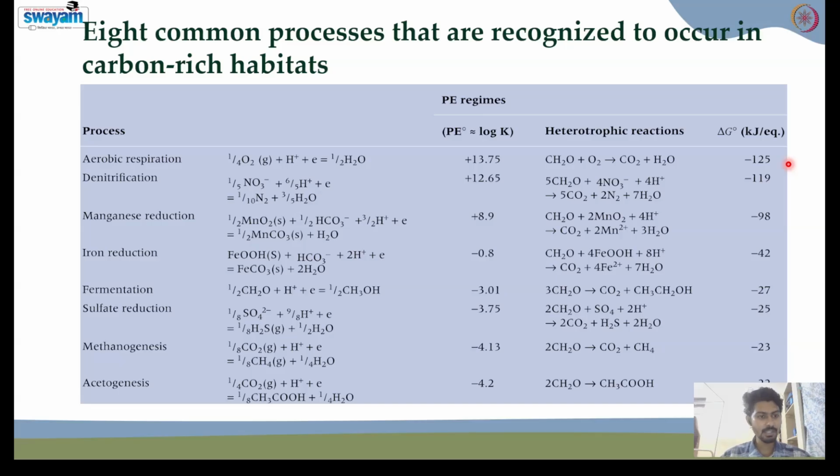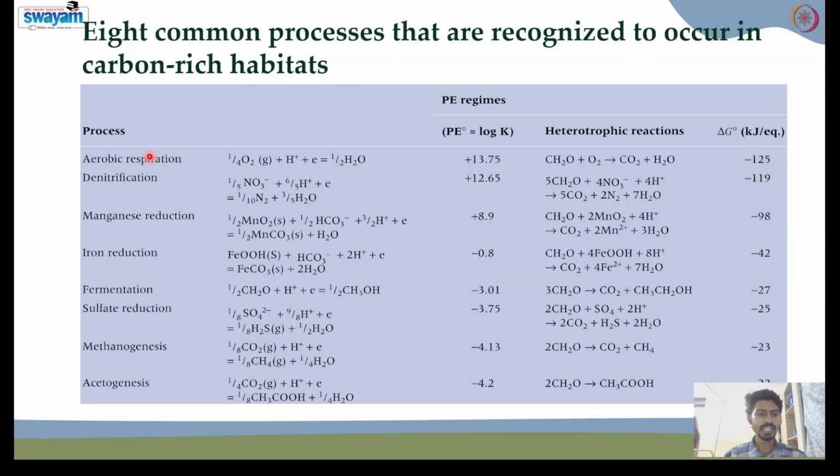There is a higher chance that the reaction occurs. For example, if you observe the last row, the del G is very negative, minus 125 for aerobic respiration.